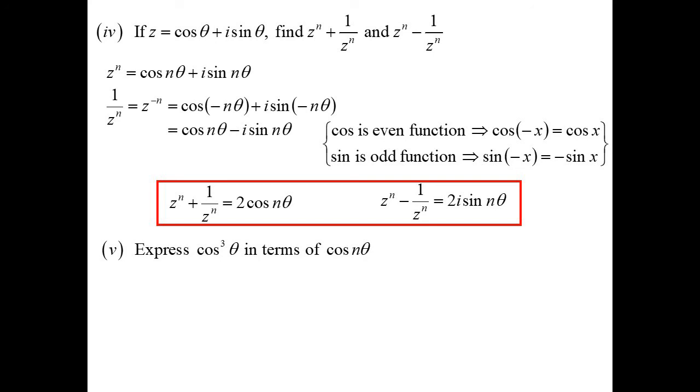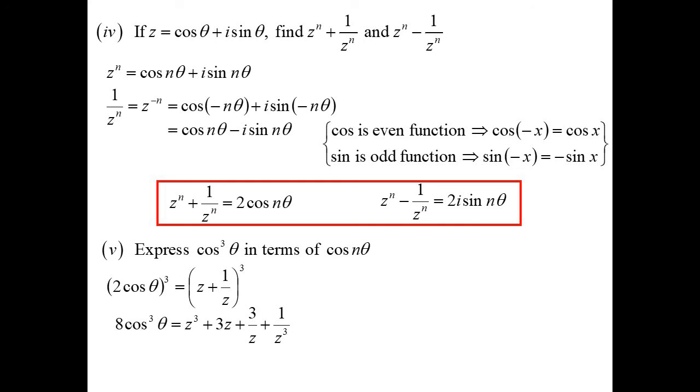We're now going to express cos cubed in the terms of cos n theta, so multiples of theta. So 2 cos theta cubed, I could rewrite as z plus 1 on z cubed, because z plus 1 on z will be 2 cos 1 theta. Well, on the left-hand side, if I actually cube it, I get 8 cos cubed theta.